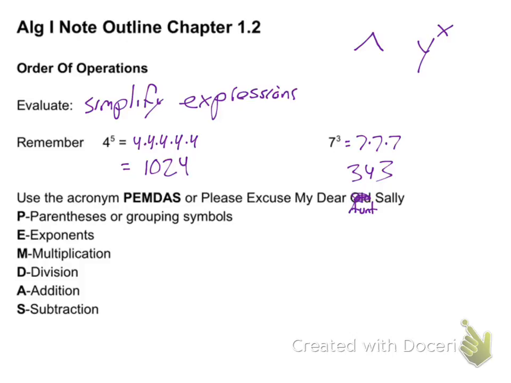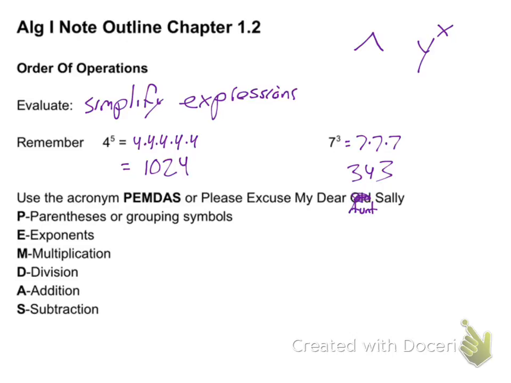Please excuse my dear Aunt Sally. And the reason we use this acronym is to remember the words on the left there. And those are the correct order that we need to be in. P stands for parentheses, E is for exponents, M is for multiplication, D is for division, A is for addition, and S is for subtraction.